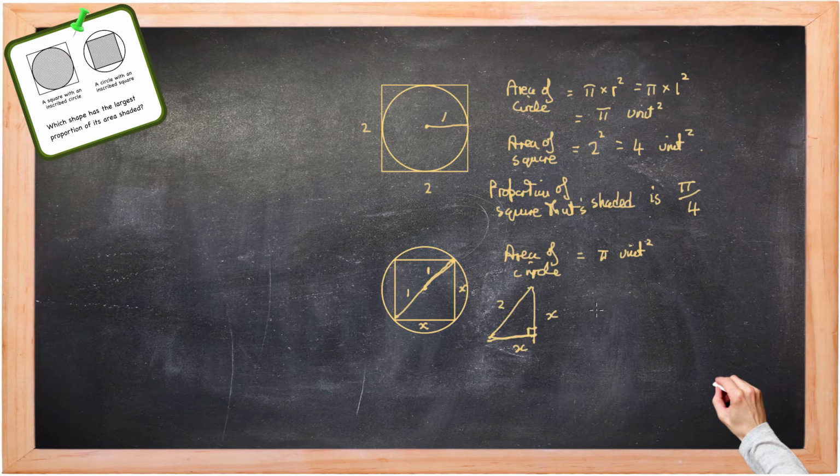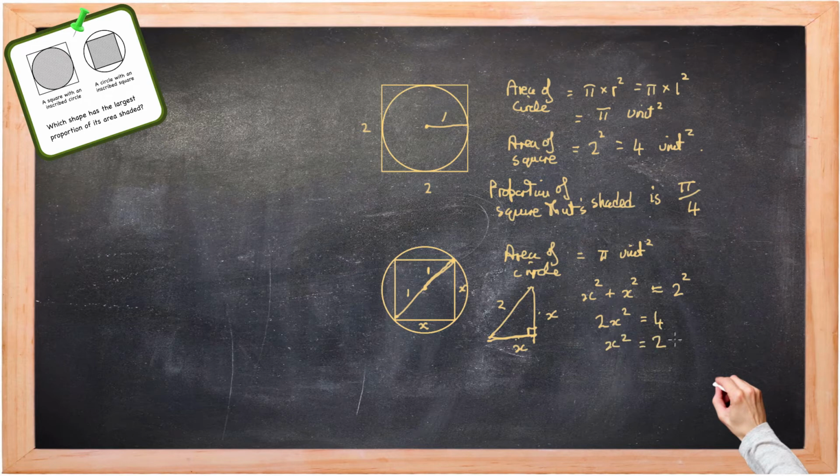And Pythagoras' theorem gives us x squared plus x squared, that's the sum of the two smaller sides squared, being the hypotenuse squared, 2 squared. So x squared plus x squared, that's a couple of x squareds. 2 squared's 4. Divide both sides now by 2.